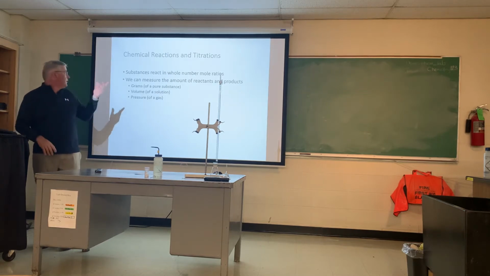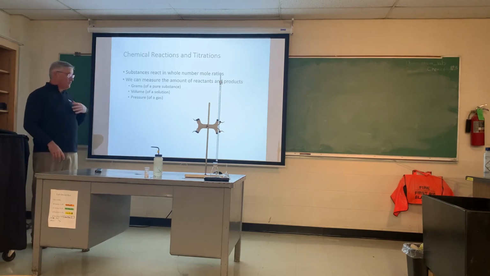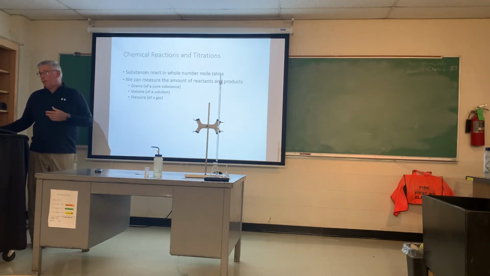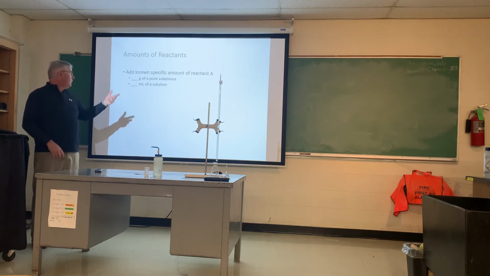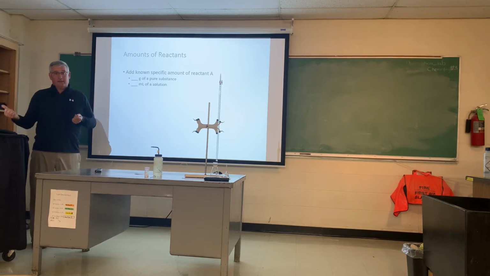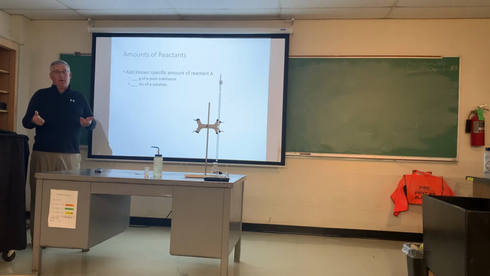So we already know that substances react in whole number ratios, and we can measure the amount of reactants and products via grams, volume. If it's a gas, we can use pressure or volume for that also. And if we know a specific amount of one reactant, and we know how many grams of it are pure, and then we take a second chemical, let's say it's a solution, and we know its volume very exactly, then from the grams of the pure substance, we can determine the concentration of the second reactant.